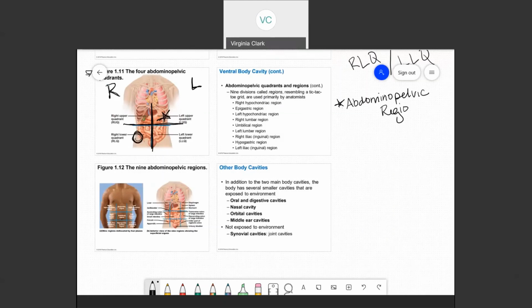So what this is doing is this is taking essentially the same square footage of your body. So your belly button is right there, and it is splitting it into 9, a hashtag type symbol. So what I want you guys to know is go through and identify these 9 areas. It follows the same pattern with this is the right side and this is the left side of the body. But you do need to know these 9.